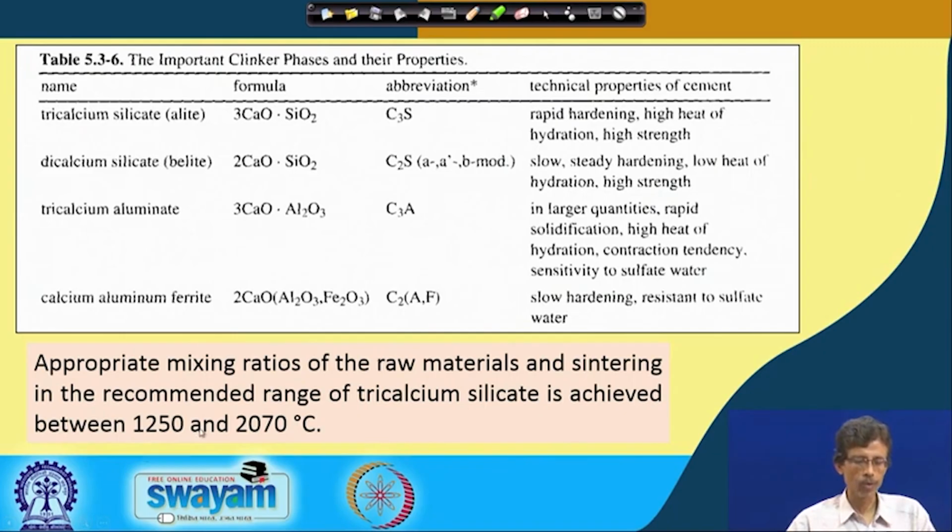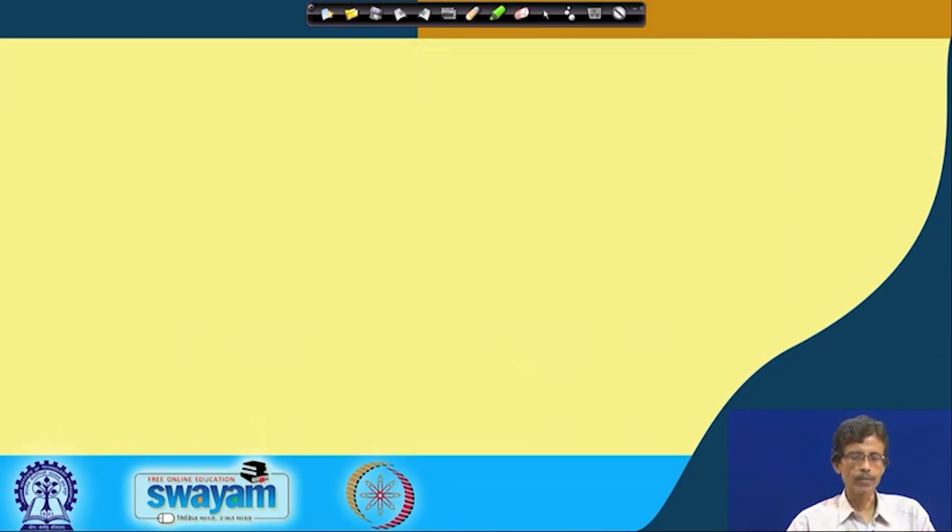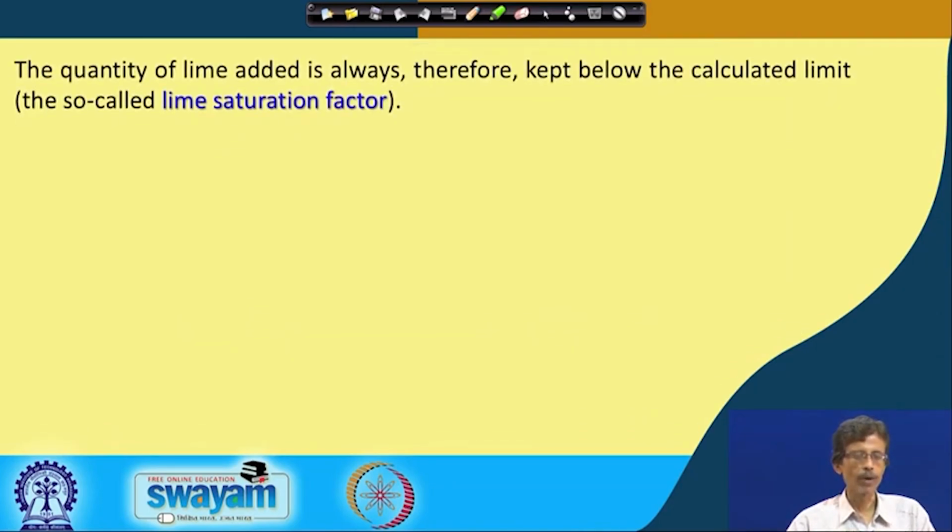So a cement factory is largely a heat-intensive industry, energy consuming also, so the cost is related to the amount of energy you use. Then how much lime, that means calcium oxide, should be there in your cement material. We always try to keep it below a particular calculated limit, which is known as the lime saturation factor.